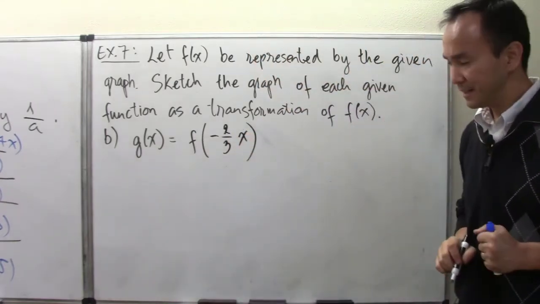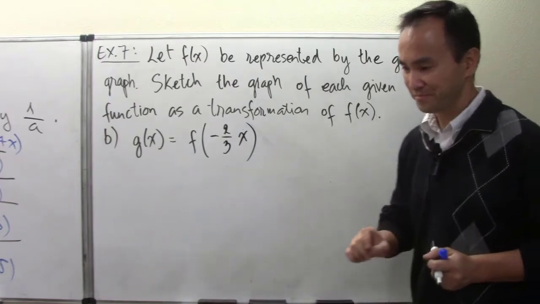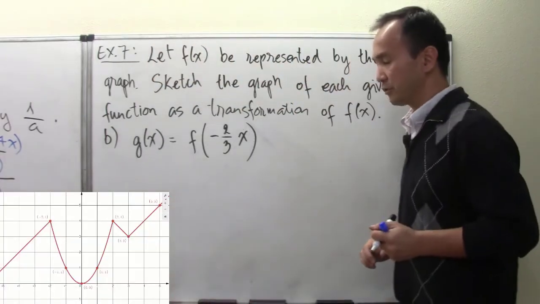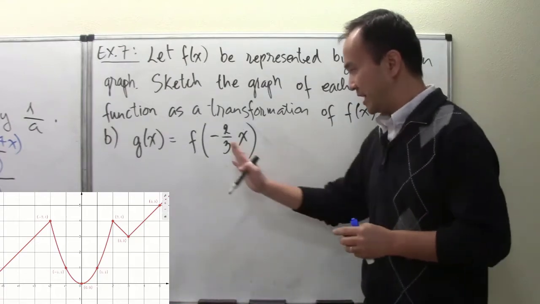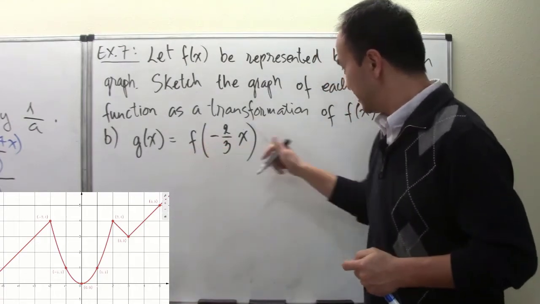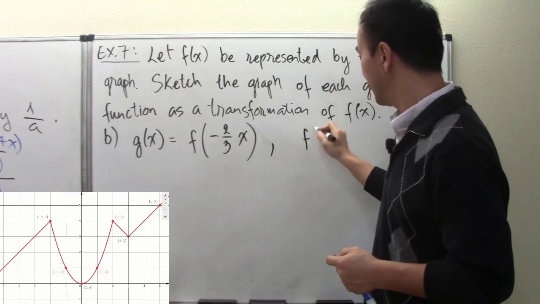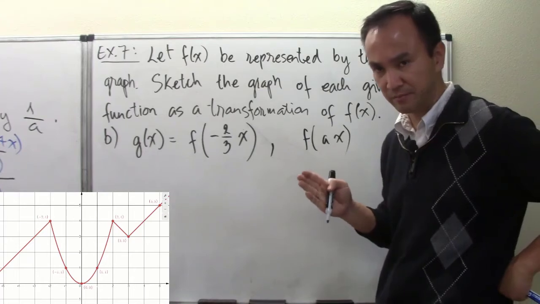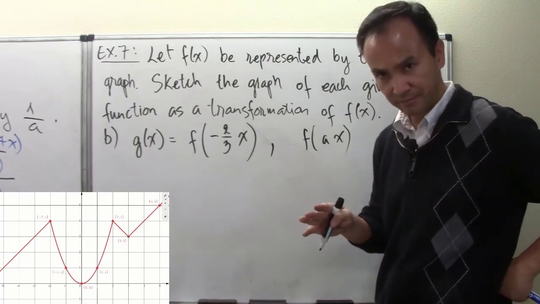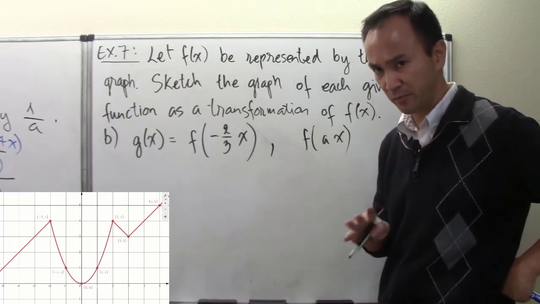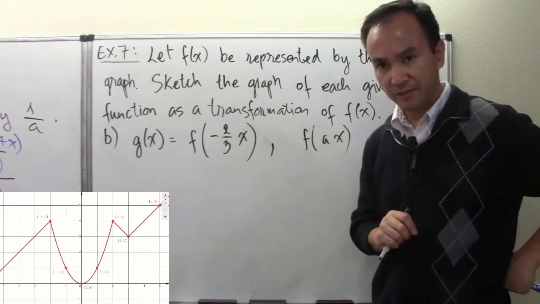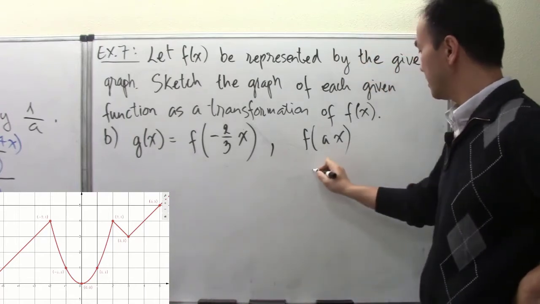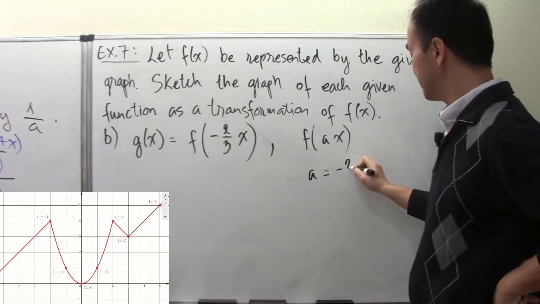All right. And so now this is again the graph of the original parent function. So I see this function here is in the form of f of ax. So it rings a bell for us that we're going to have some horizontal scaling being applied here as a transformation to the original graph of the parent function. And then furthermore, I recognize that a is negative 2/3.